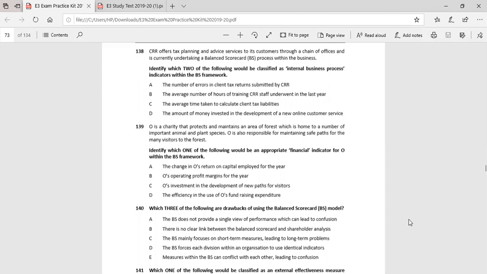CRR offers tax planning and advice services to its customers through a chain of offices and is currently undertaking a balanced scorecard process within the business.